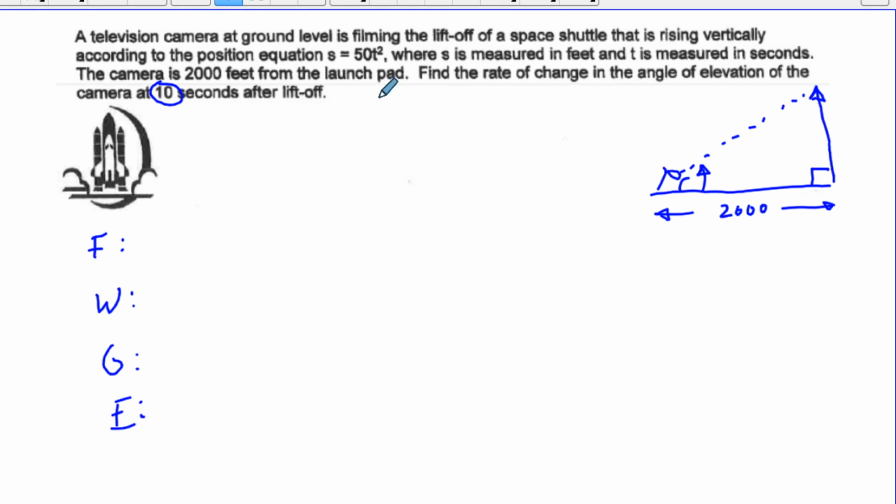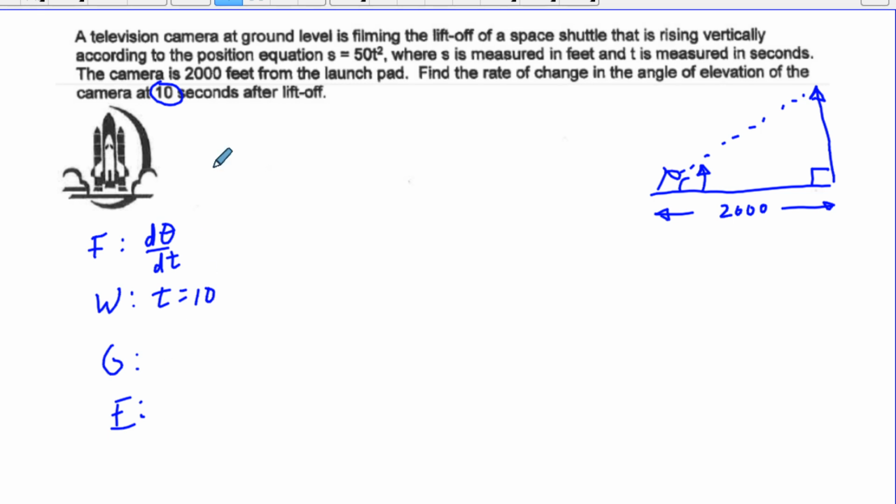So we're going to find the rate of change in the angle of elevation. We're going to say d theta dt, the change in the angle with respect to time, when 10 seconds after liftoff, so t is equal to 10 seconds.